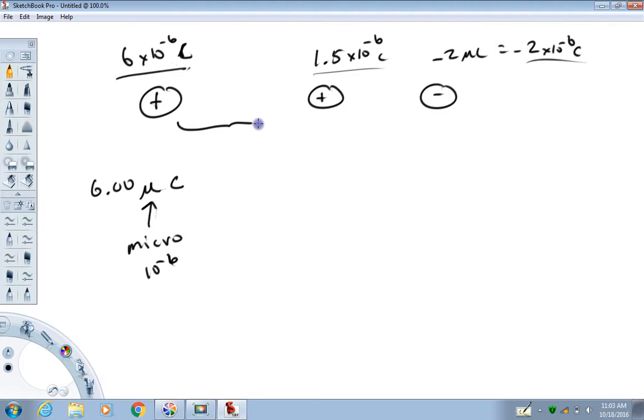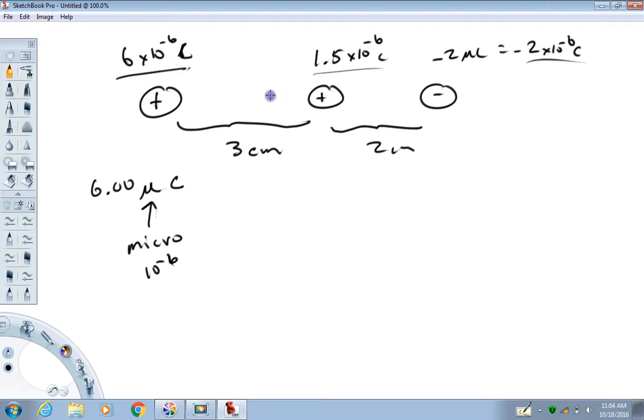Again, in my example, this is listed as 3 centimeters, and this is listed as 2 centimeters. And it says, what is the magnitude and direction of the force on the negative 2 microcoulomb charge? So in my example, what we're talking about is the force on this charge. Now, these 2 charges attract one another.